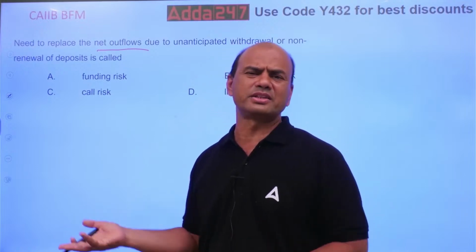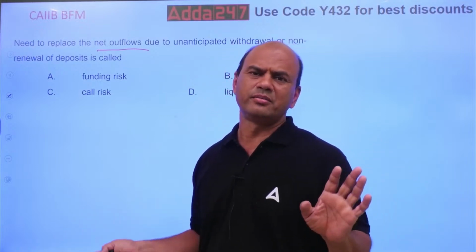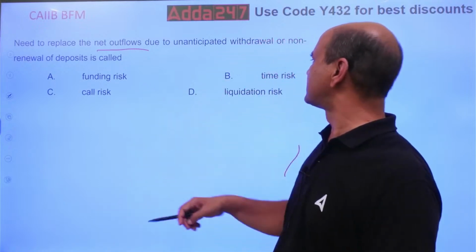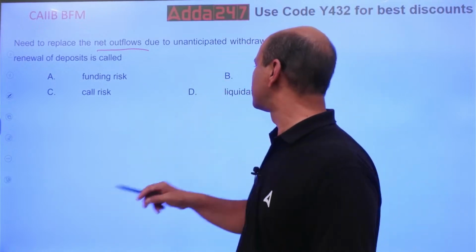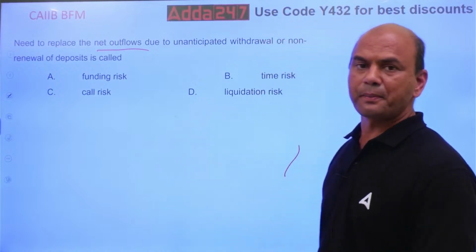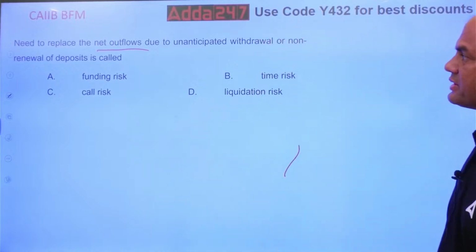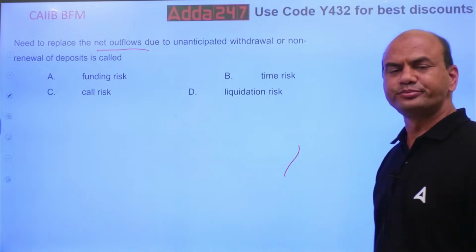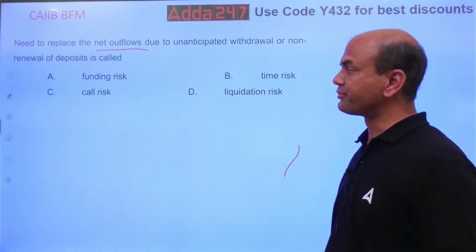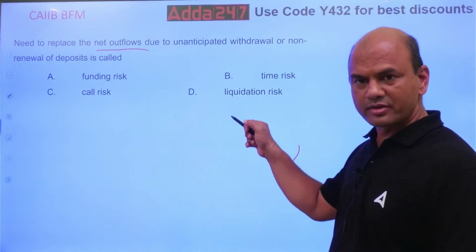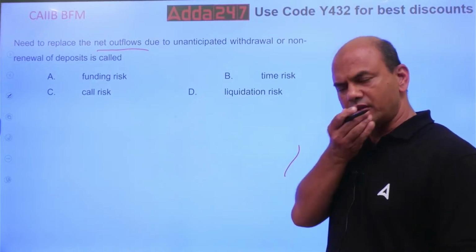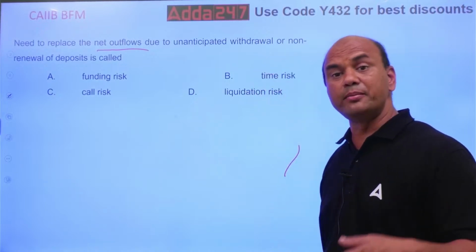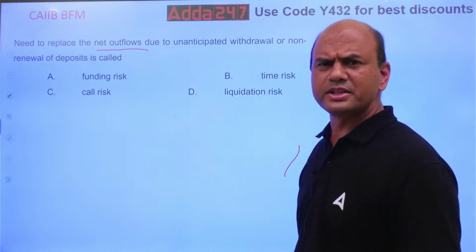Why? The rate of interest has gone down immediately, so people are not renewing it. So it is called as what? Funding risk, time risk, call risk or liquidation risk. Now it can have various answers. It can be called embedded option risk also, which is also correct.